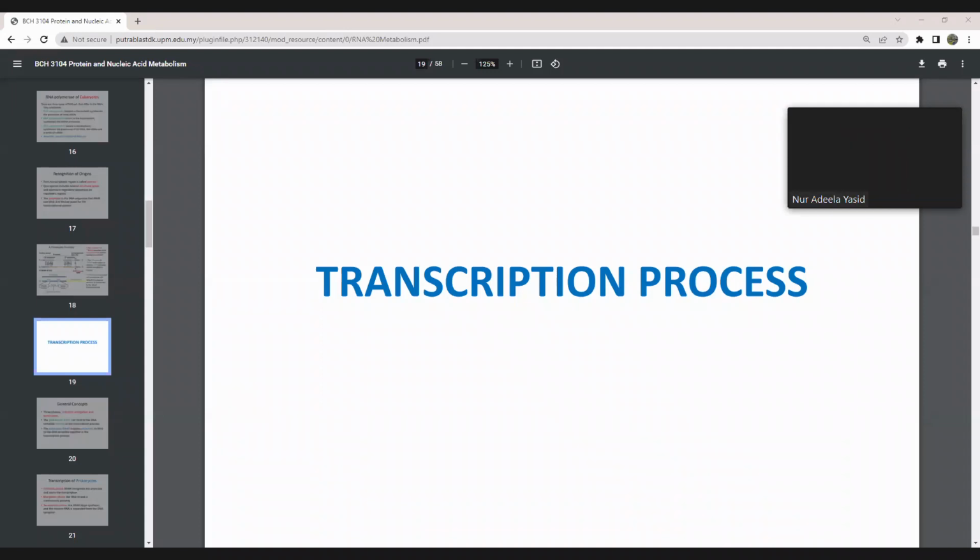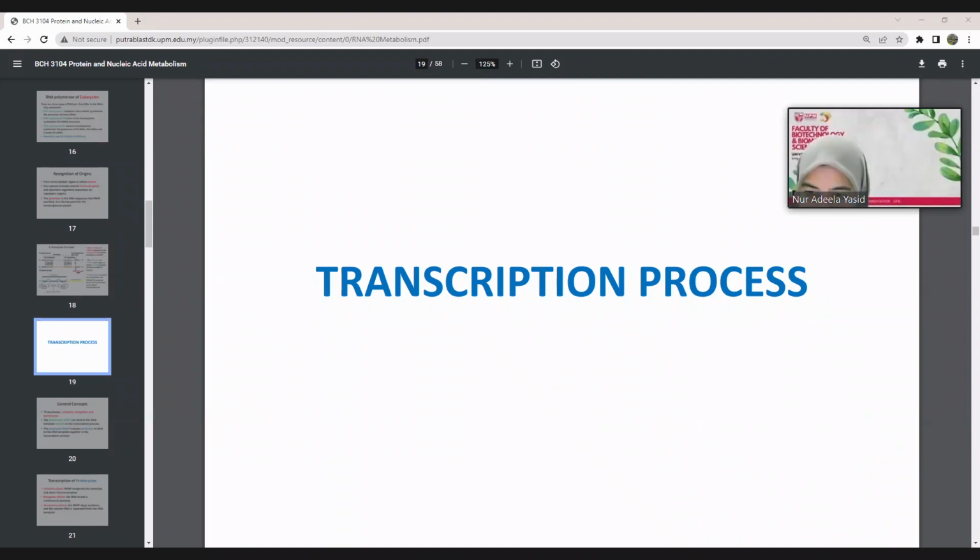The first one synthesizes the precursors of most RNAs, whereas RNA polymerase 2 synthesizes the mRNA precursors, and the third one synthesizes the precursors of 5S rRNA and the tRNAs and a variety of snRNA.